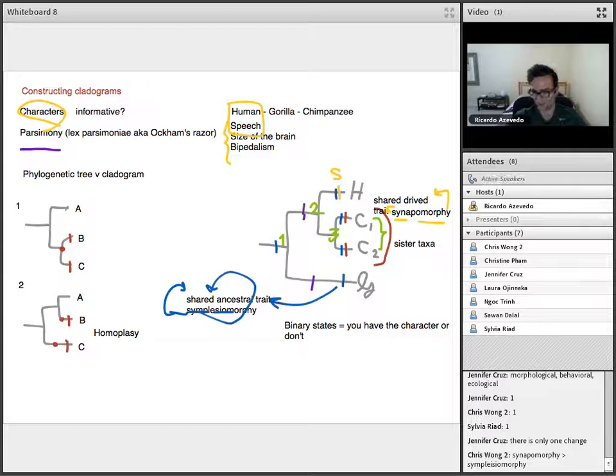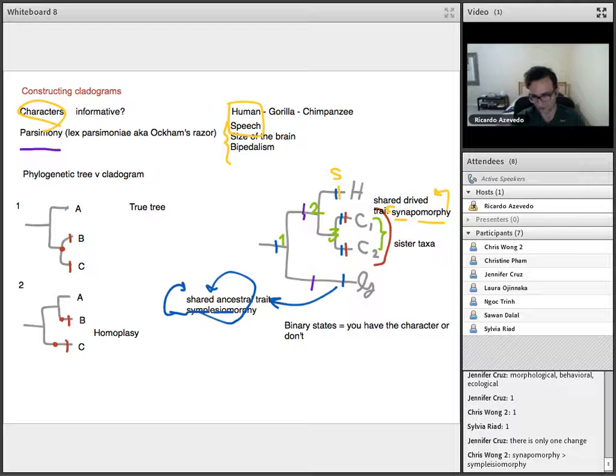There's only one change, right? As probably all of you have noticed. So in the first one, synapomorphy, symplesiomorphy. Oh, okay. So yeah, shared derived traits preferable.